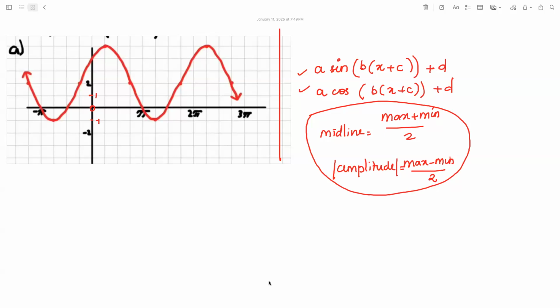Different people have put in different answers for the general format, right? For C, I want to check, because I remember teaching it as minus C as well.